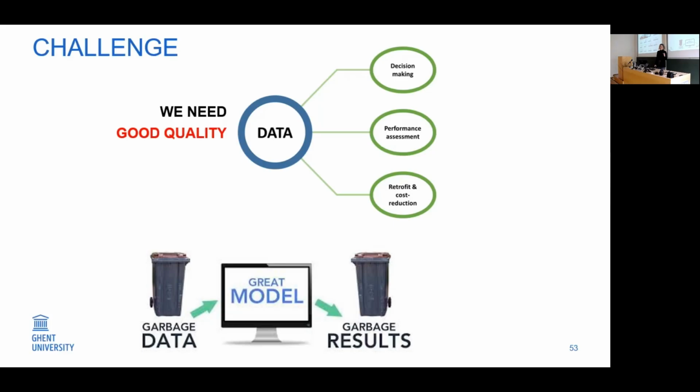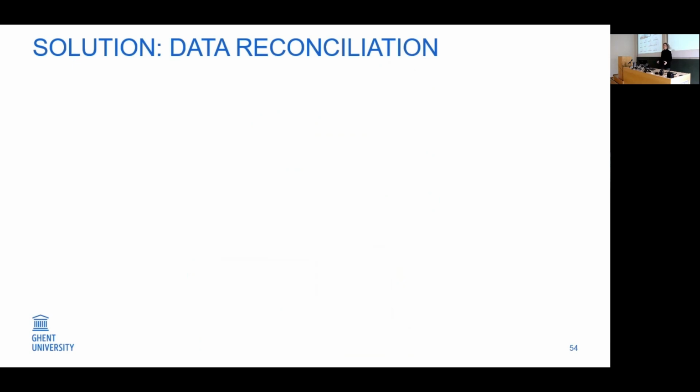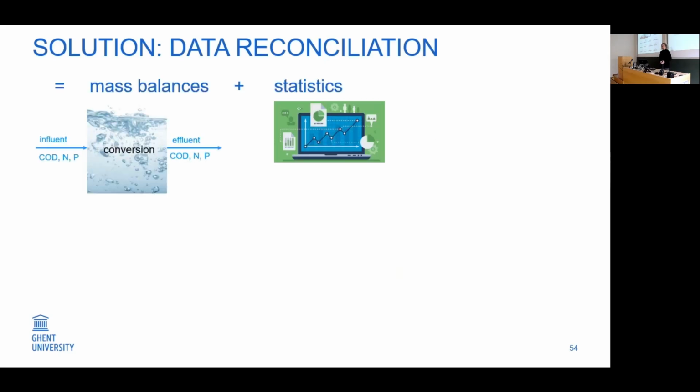We often forget, especially as modelers, we are so blinded by our great model that we sometimes forget that if the data that we put in is garbage, what we will get out will also not be very good. And therefore, we always need to take a moment in every project to look at the quality of our data.